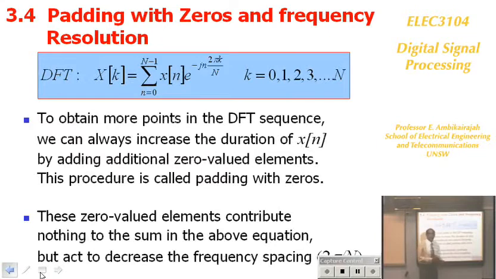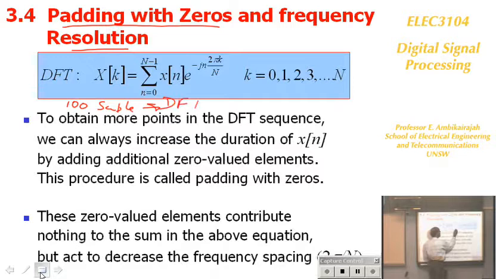Okay, the next part is padding with zeros and frequency resolution. What is padding with zeros? As I said before, a DFT could be of any sequence. Like you could have 100 samples and take the DFT, you get 100 frequency points. But I showed you earlier how to calculate the DFT.